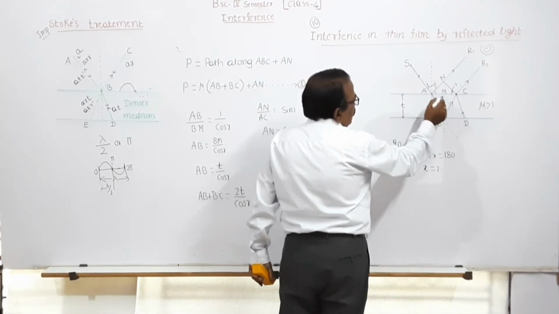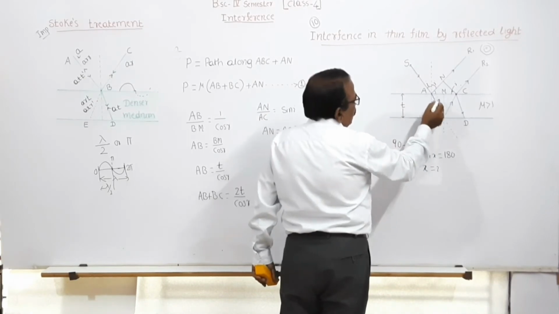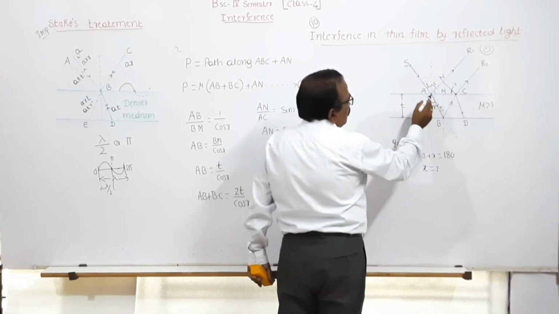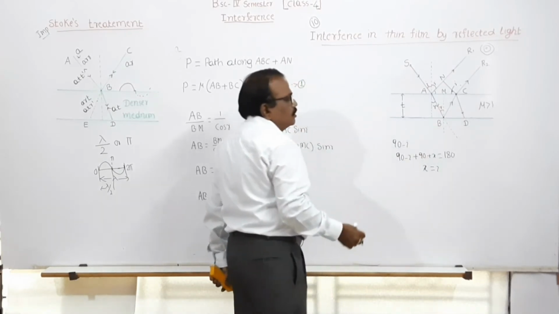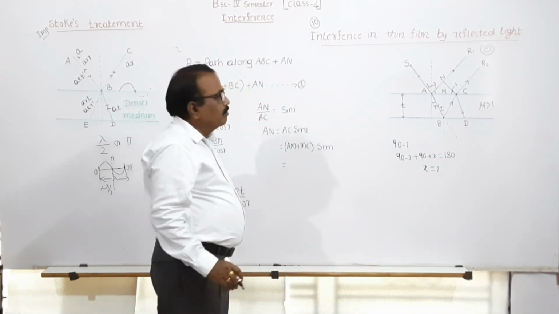AM upon MB or AM upon BM: opposite side divided by adjacent side is tan theta.